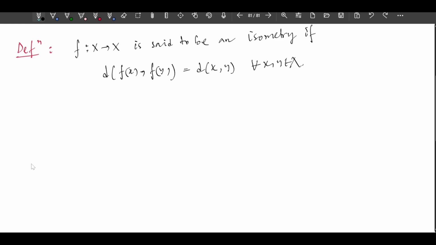That is, F is uniformly continuous and continuous already. Okay, now this is the definition of isometry.